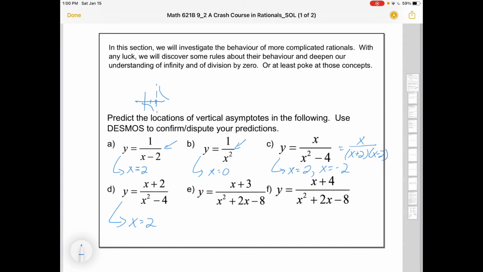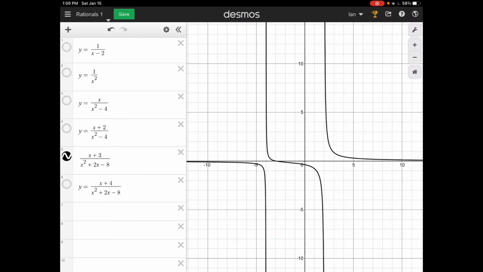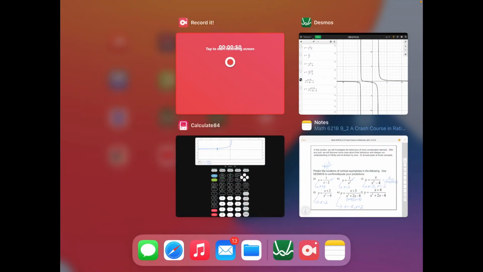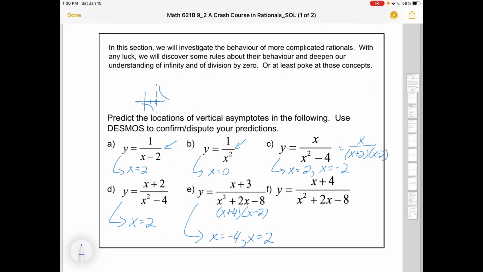The next one, I guess I could factor the bottom and come up with some guesses. I'm going to guess that the numbers negative 4 and 2 make the bottom 0, so that's where I expect to have asymptotes. Let's see. Yep, asymptotes at x equals negative 4 and at x equals 2. As predicted.